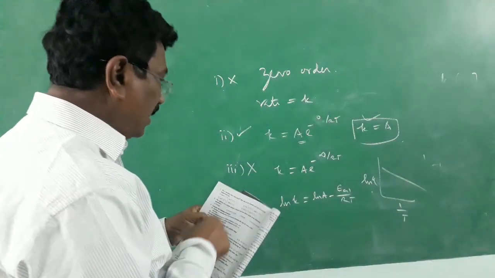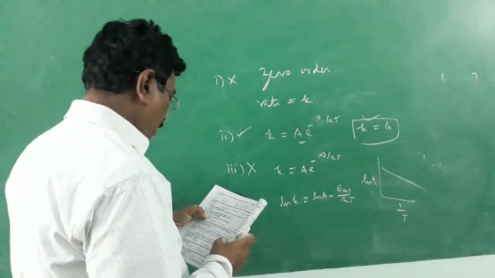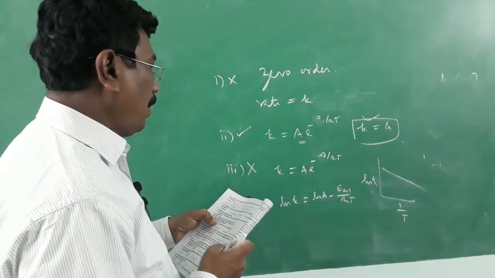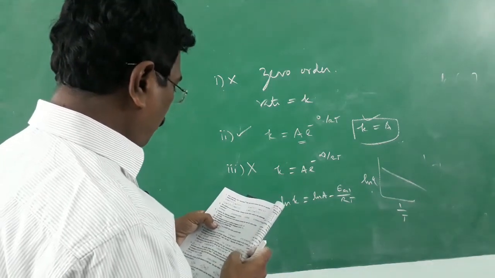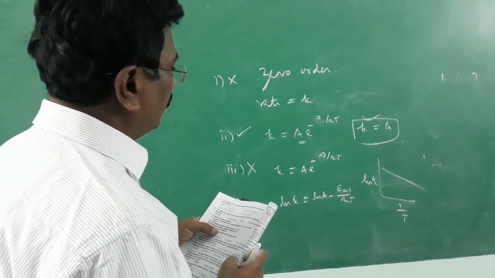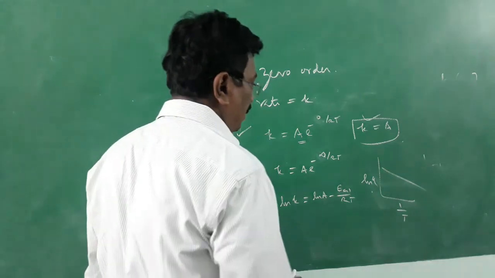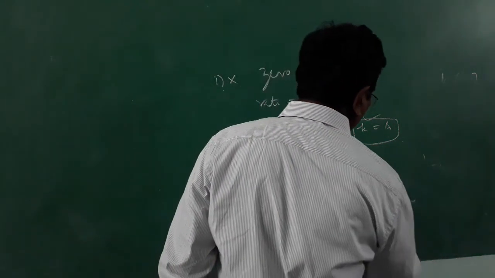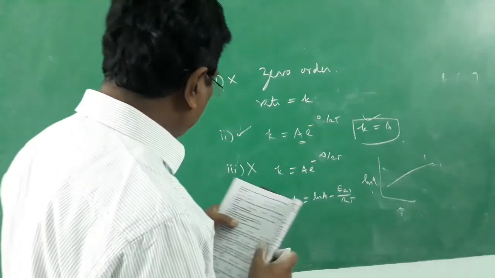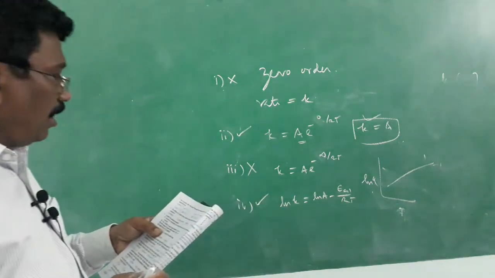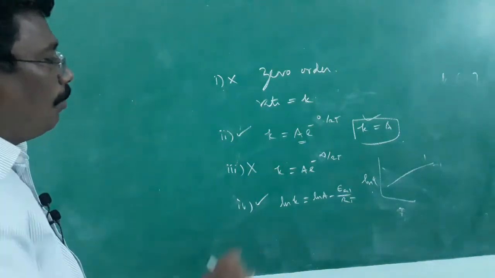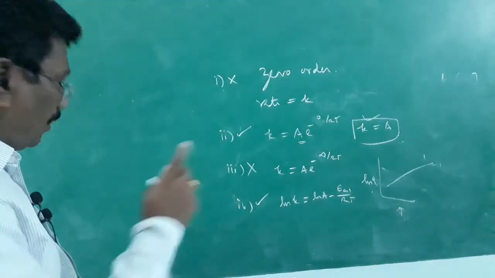Here they have given ln K versus T and therefore it is wrong. ln K versus 1 by T may give a straight line only, but a negative slope. Alright. So if it is a straight line, that is also a correct option only. Fourth option is also correct. Plot of ln K versus 1 by T gives a straight line with negative slope, but T will give a straight line with positive slope.